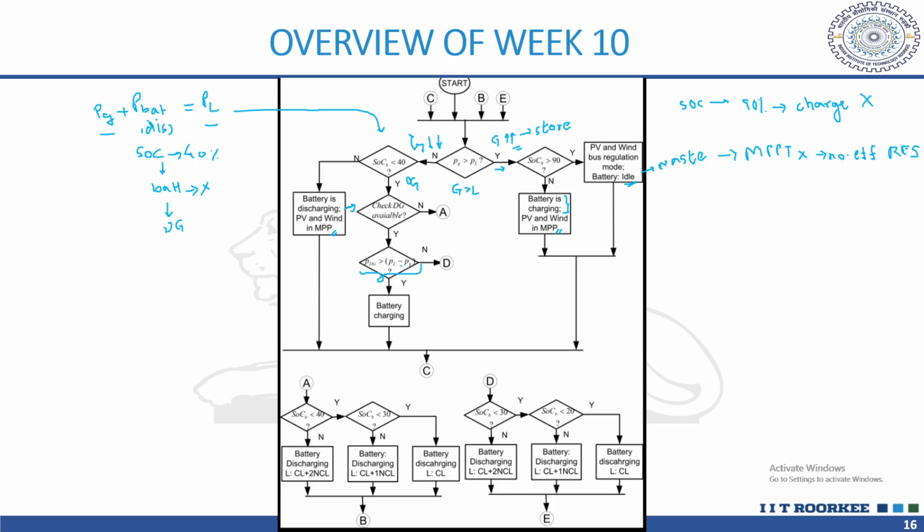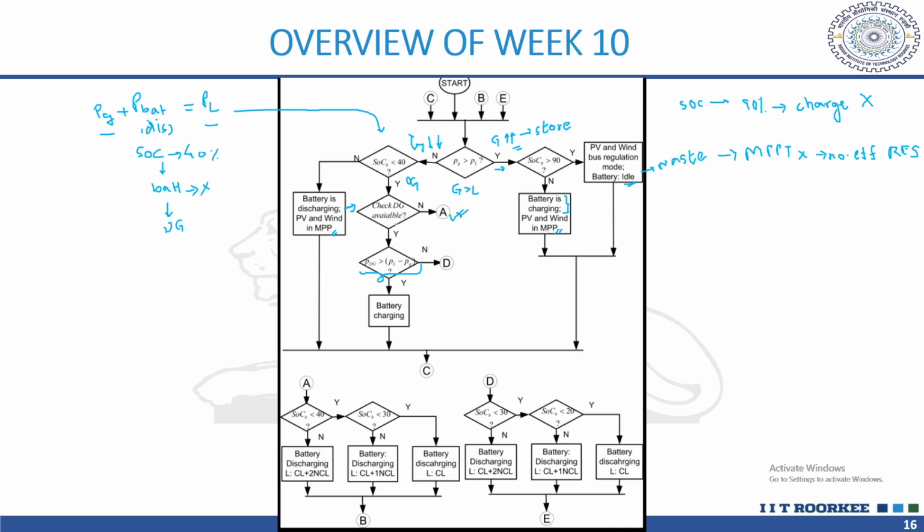If PL minus PG is greater than 0, right? It is checking if this can supply this amount of power, then the battery will go into charging mode again. Before that, we will check here for this A point.